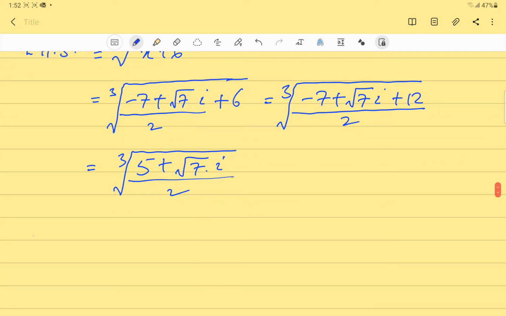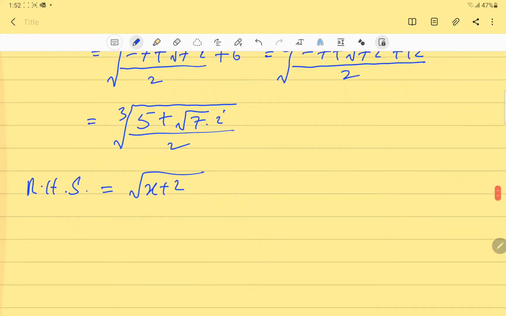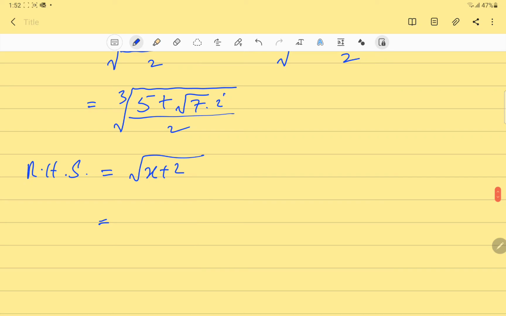Now let's check our right hand side. The right hand side is square root of x plus 2. The value is minus 7 plus square root of 7 into iota over 2, plus 2.